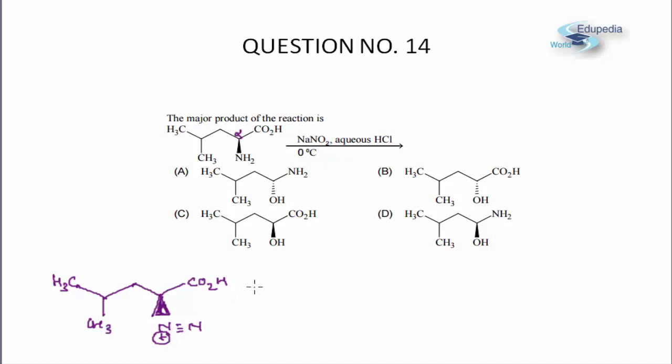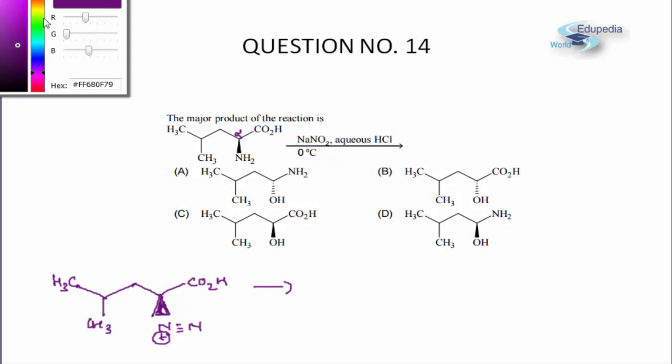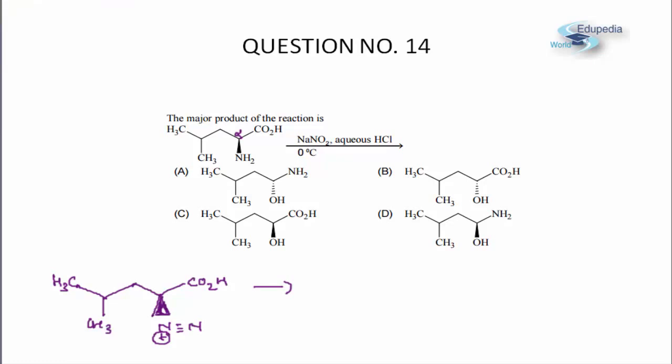Now what most students have done after this is that we all know that this N2 plus is a super leaving group, it's a fantastic leaving group. So what most of you would have done is that you would have made this N2 plus depart from here like this, okay?